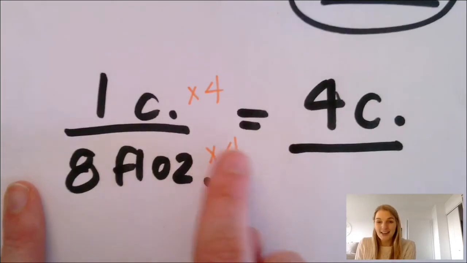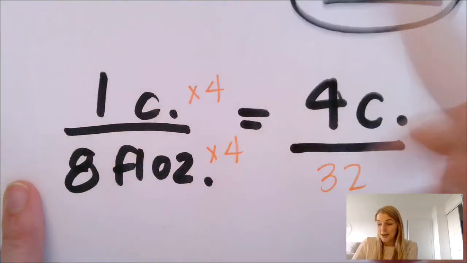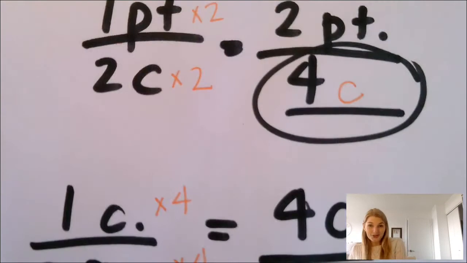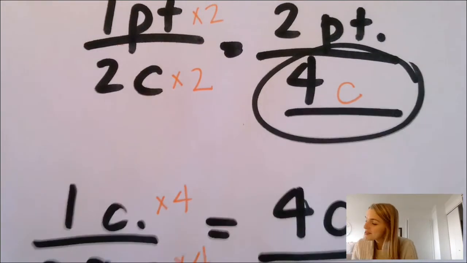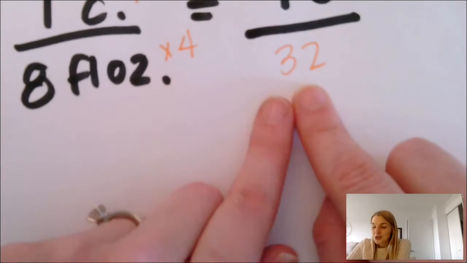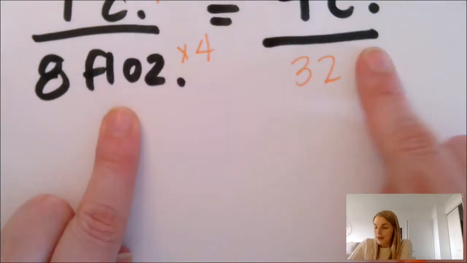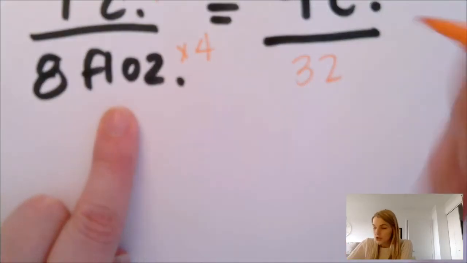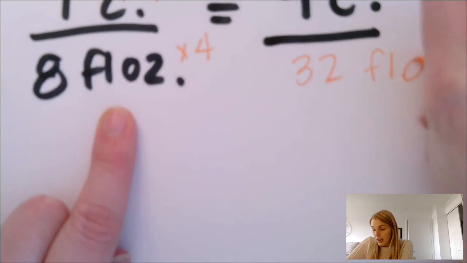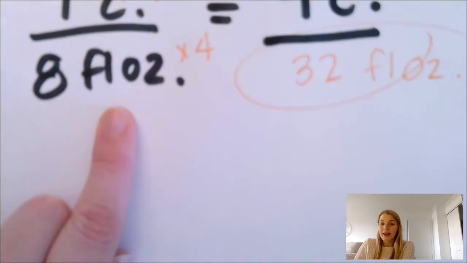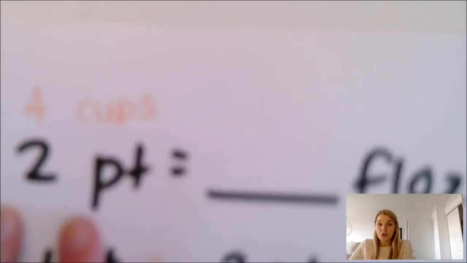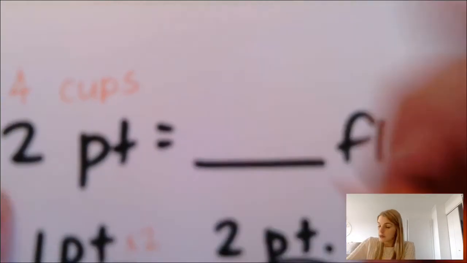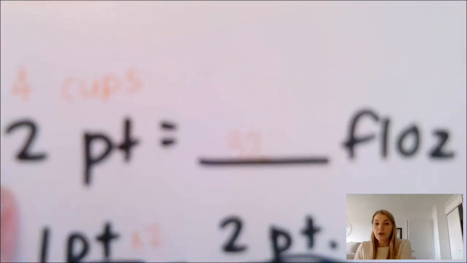And 8 times 4 is 32. Can you guys see now why in 3rd grade I told you to memorize your multiplication facts? This will really help. So 32, and we always have to match up the bottoms. We're talking about fluid ounces. So our answer is 2 pints equals 32 fluid ounces.